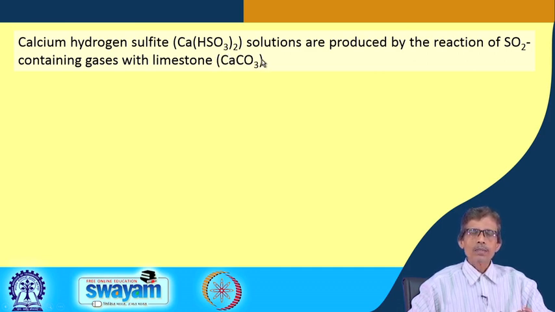How we produce it? As we have seen already that we can use sodium hydroxide for the preparation of the sodium analogues. So, now a more simple reaction is possible, where you can use simple limestone, the calcium carbonate, because this calcium carbonate can react with sulfur dioxide containing gases in presence of water, because in situ the sulfur dioxide can react with water molecule giving you the sulfurous acid.